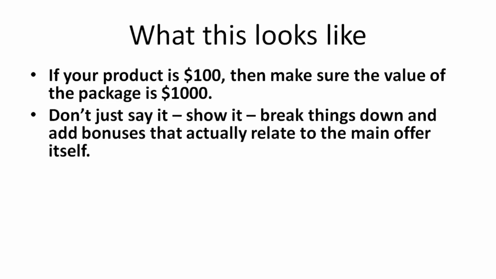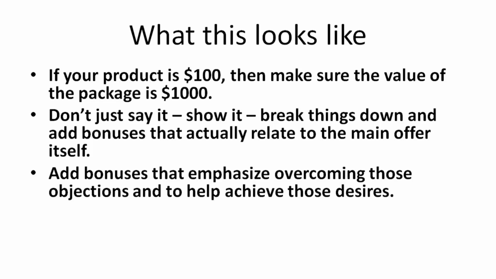Now, you don't just want to say, this package is worth $1,000 and I'm giving it to you for $100. You really have to break things down and add bonuses that actually relate to the main offer itself. So you can add bonuses that emphasize overcoming those objections to help achieve those desires. So two things: overcoming those objections and achieving those desires.